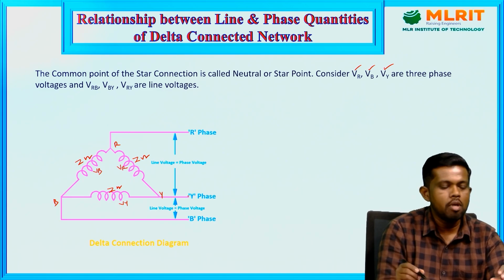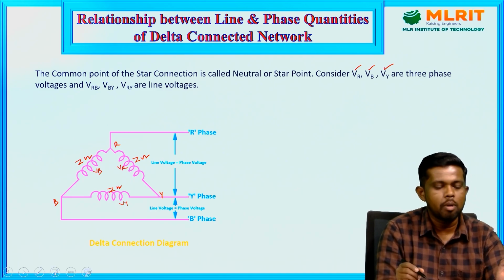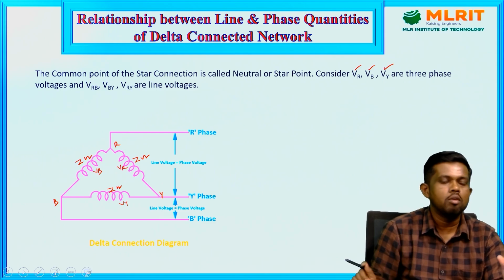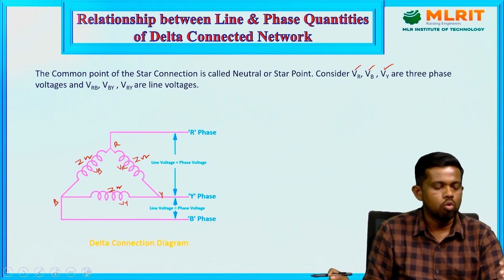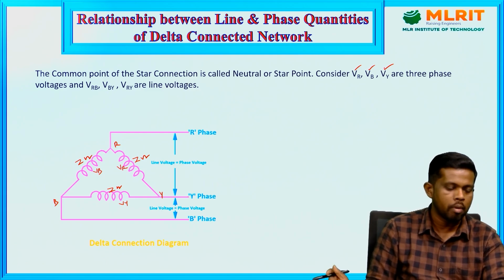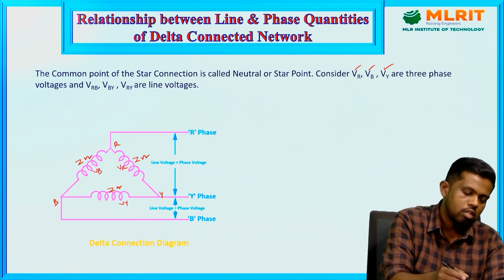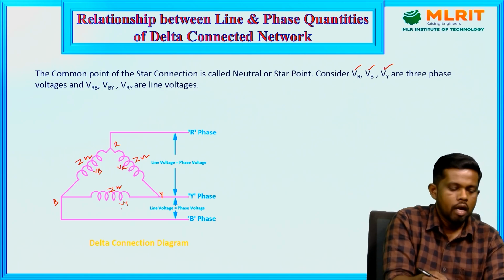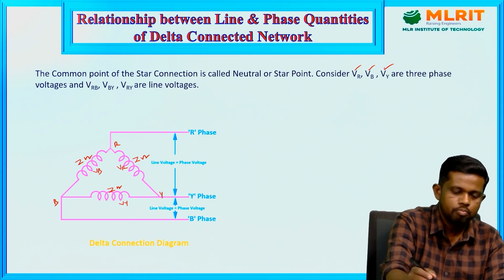Tapping means we provide this tapping to the load only. If it is a source, then we provide the tapping to take the power from the source. So the voltages VR, VY, VB are the phase voltages.